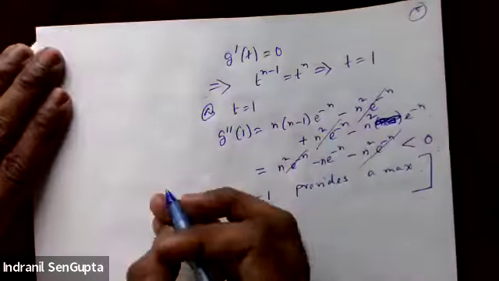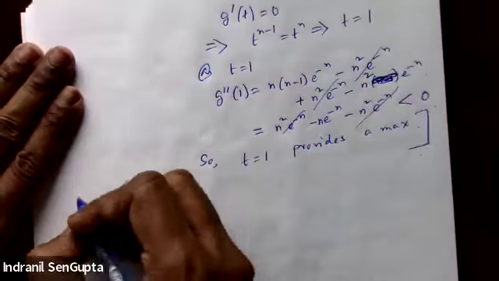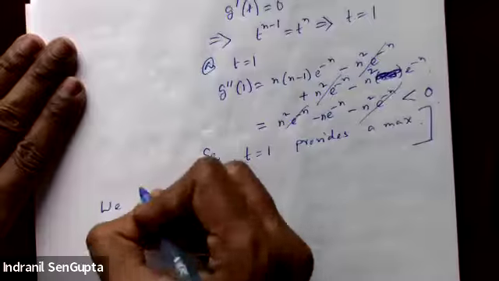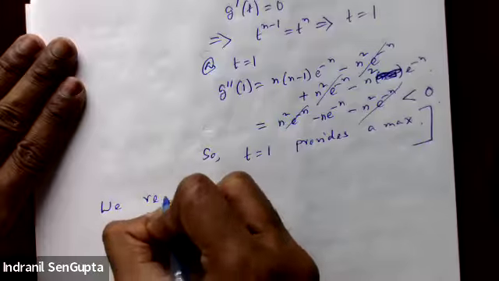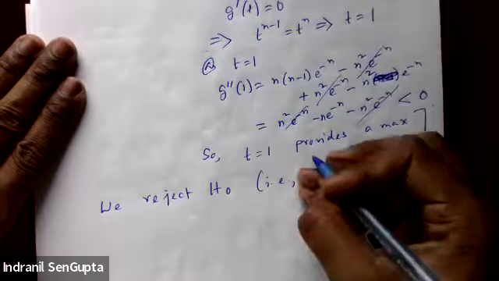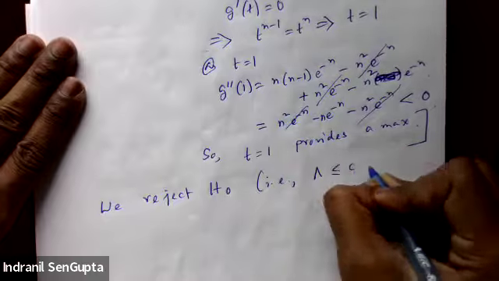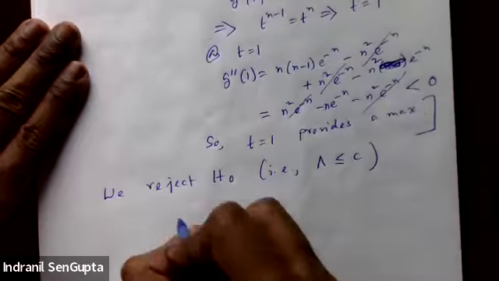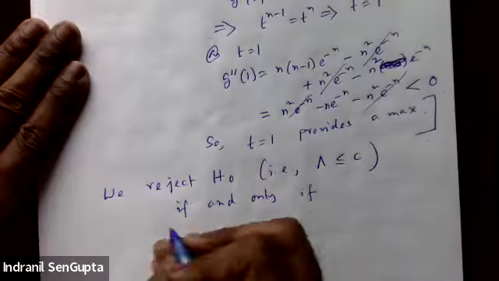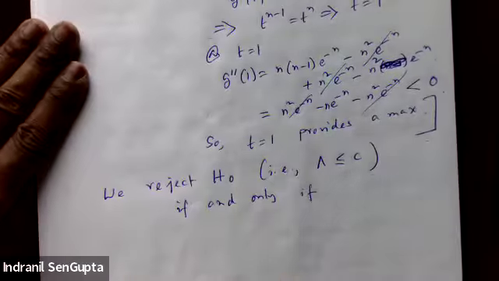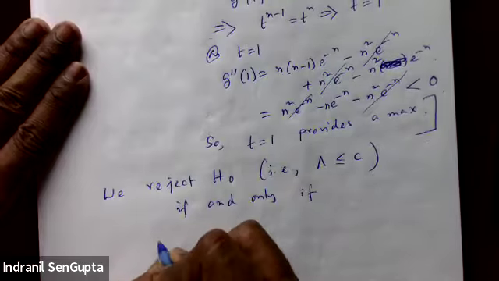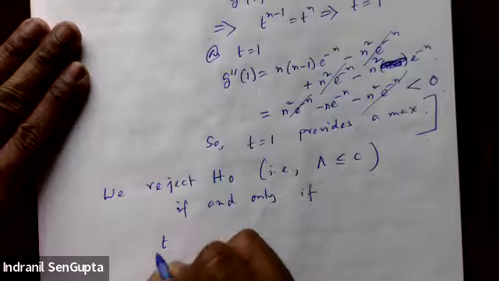So hence, we reject H0, that is lambda less than c, if and only if, say, we are in this particular region, which is t is less than, and t is what?